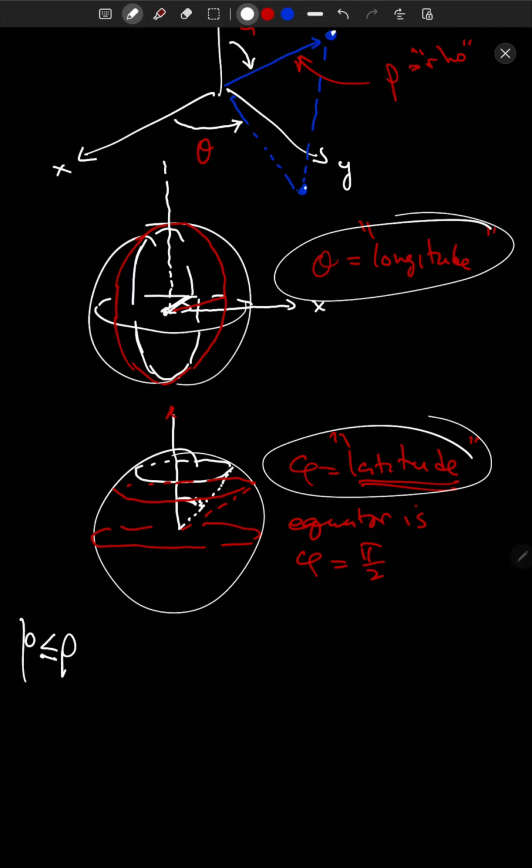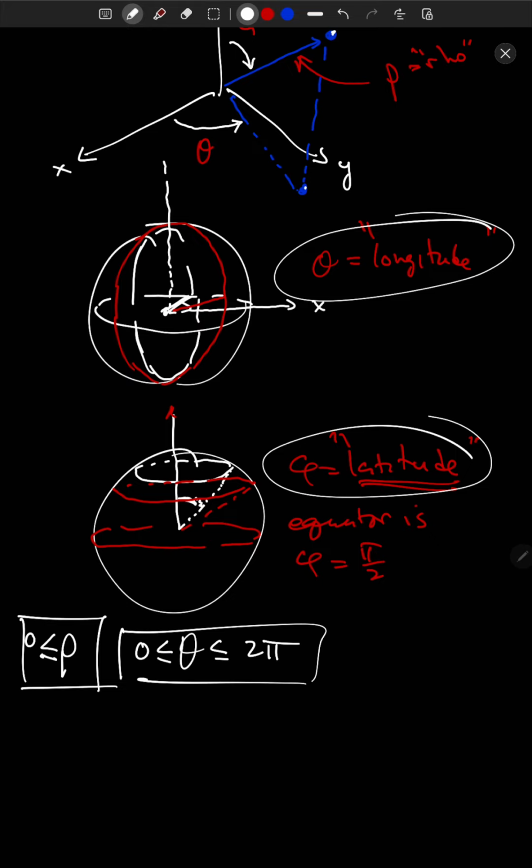But generally, we like to have rho be non-negative. Theta, we're used to working with between 0 and 2 pi, so let's leave that. But if you do have these two, then phi only needs to range from 0 to pi. That will cover everything.